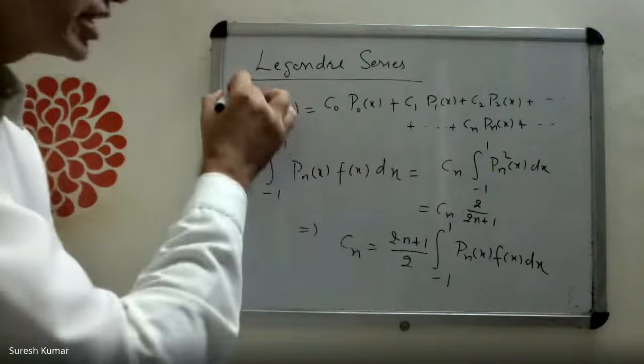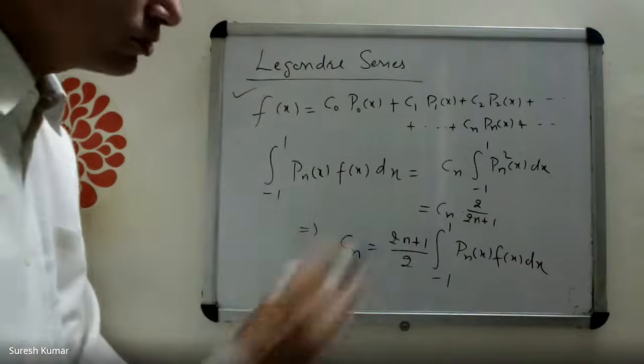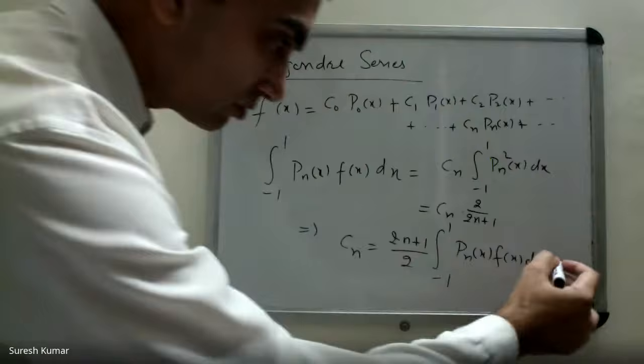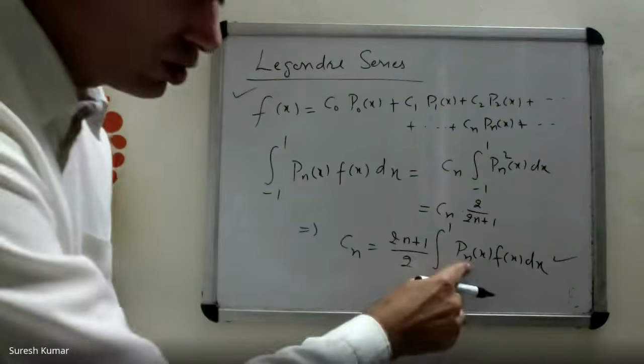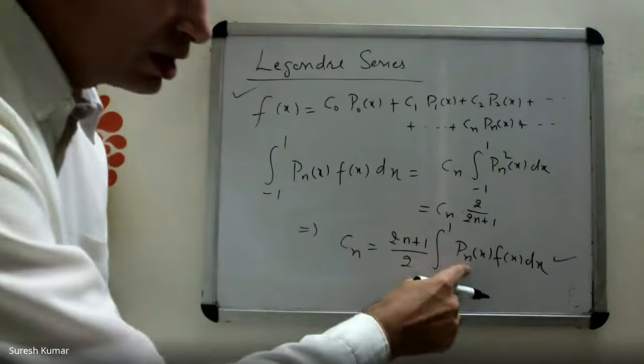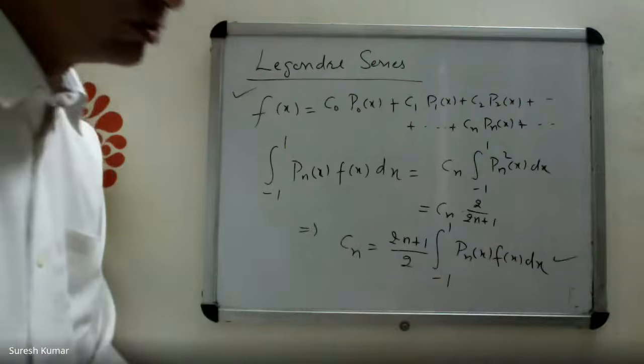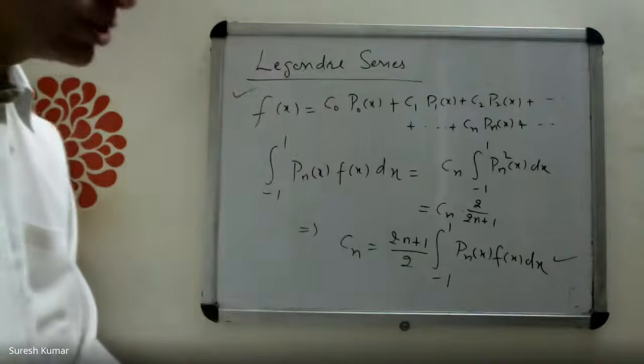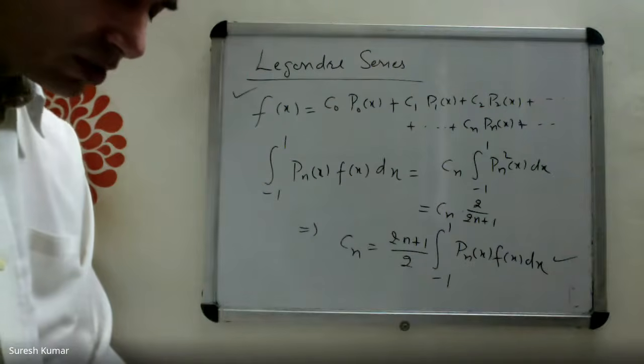It means you can express a given function in terms of a series of Legendre polynomials where the constants are given by this formula. Pnx you already know for any given n, and fx would be given to you. You can solve this integral to get your constants and write your function in the form of Legendre series.